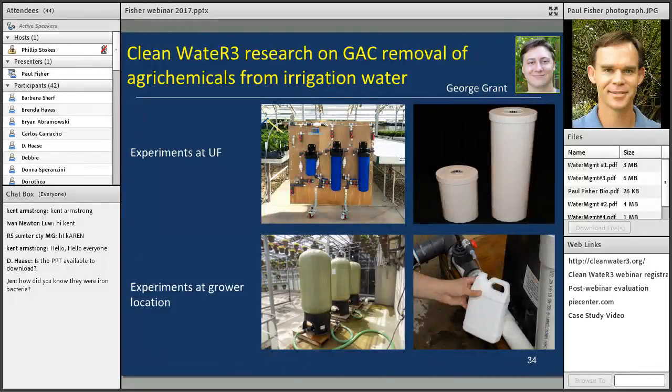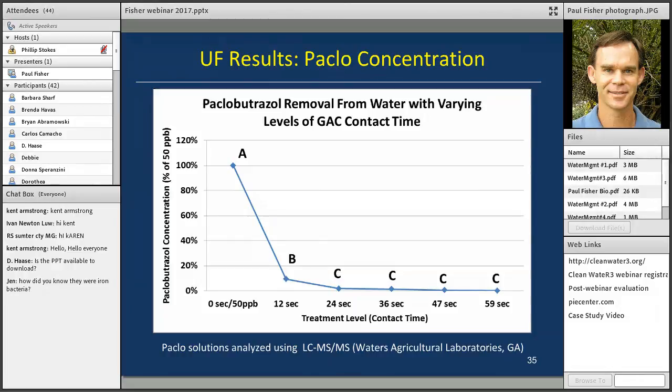With further research work, again with the Clean Water 3 research project, George did some research with a filter system at the University of Florida and also out at the grower location. Again, we very much appreciate that we're working with these great growers who allow us to collect data in their operations.